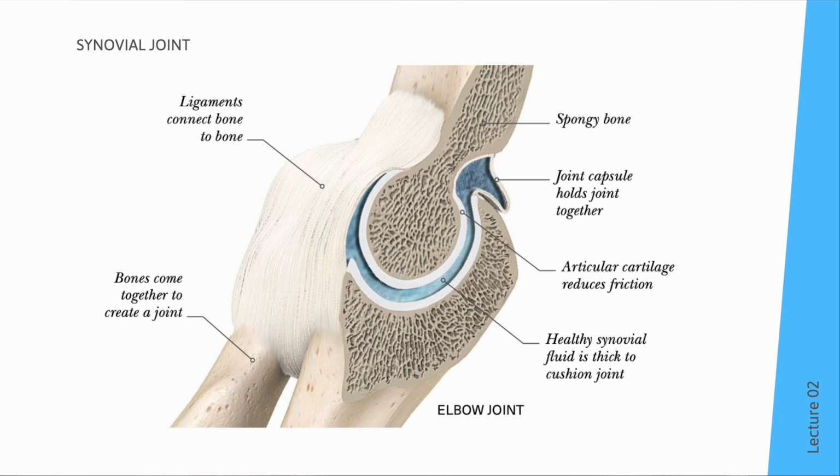And also that we create this cavity, the joint capsule. That is the blue part, which joins both bones and gives it space within which it can move. And that contains a liquid.